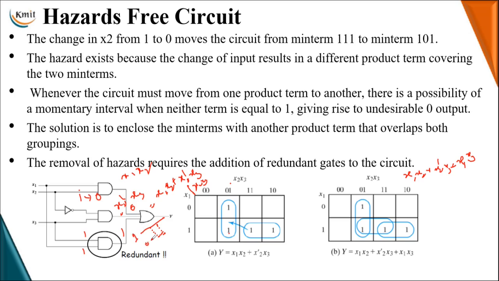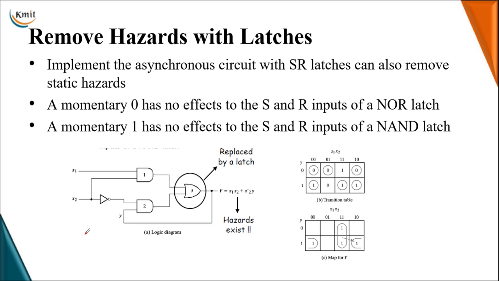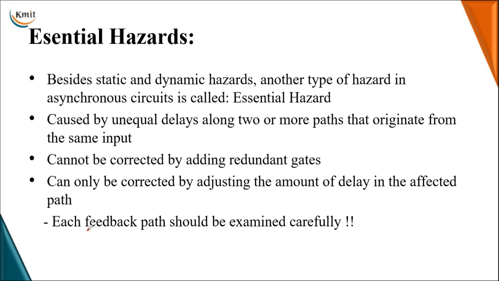It may not go to logical 0 because of the introduction of the redundant product. Like this, we can avoid static 0 or static 1 hazards in a combinational circuit, whereas in a sequential circuit it may not be possible to remove hazards by just adding redundant terms.